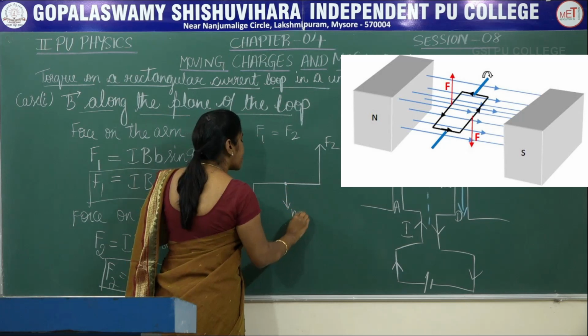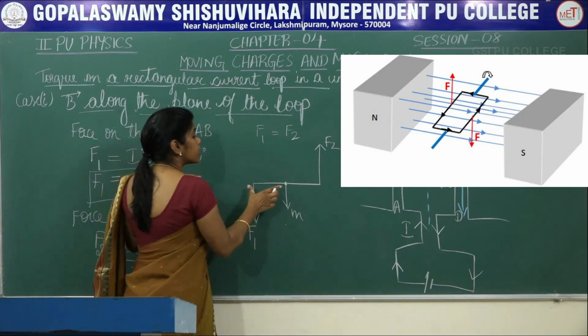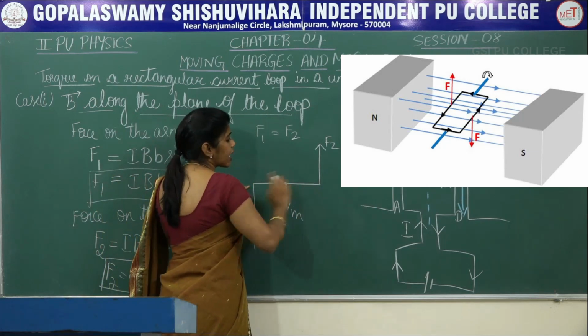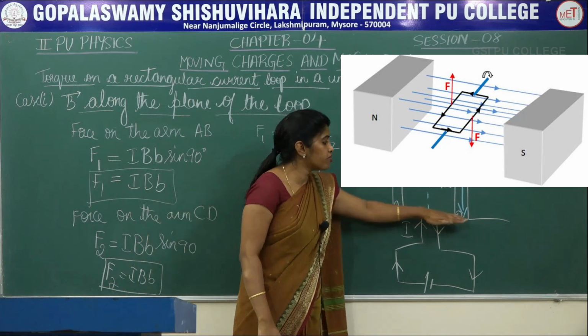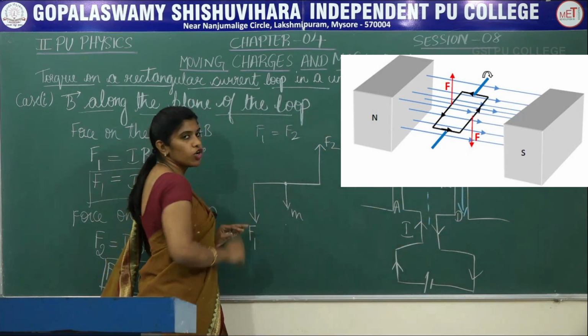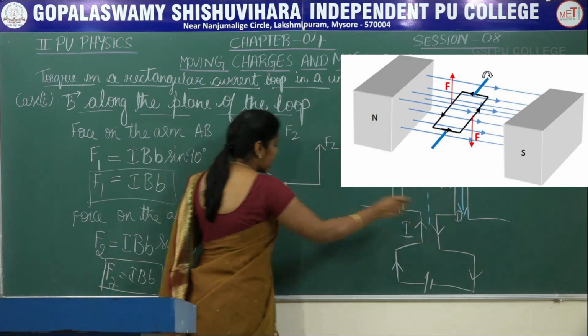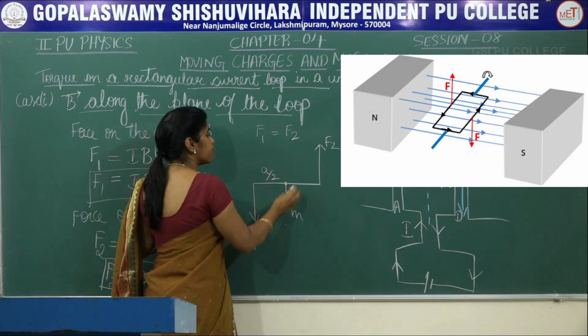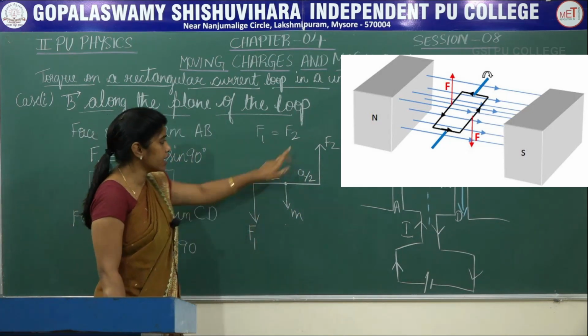And this is the direction of the magnetic moment. Then the complete length of this is a. That is, this is the top view. If you view from this line, that is arm AD, this is how it looks like. Therefore, if AD is of length a, then this will be a by 2 and this will be a by 2. The forces are acting like this.